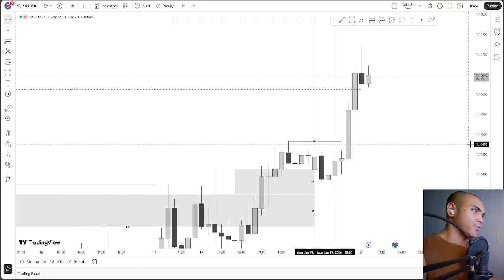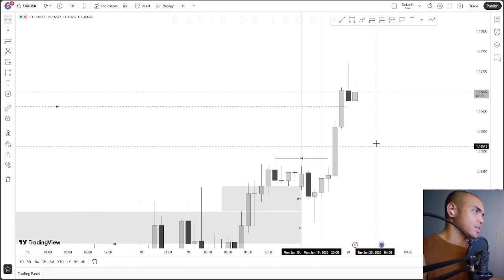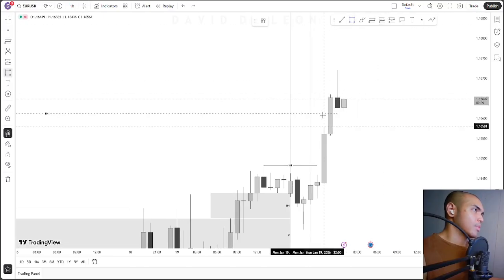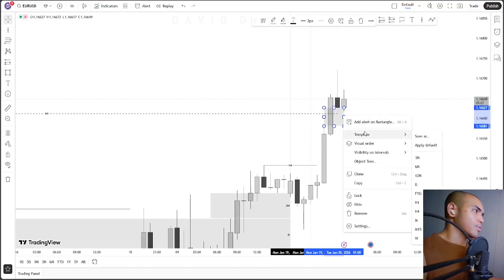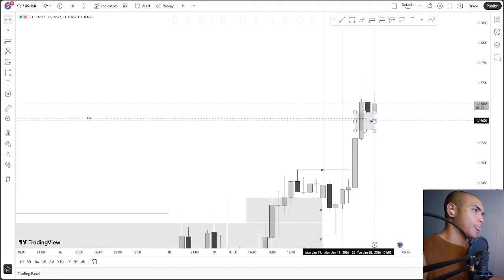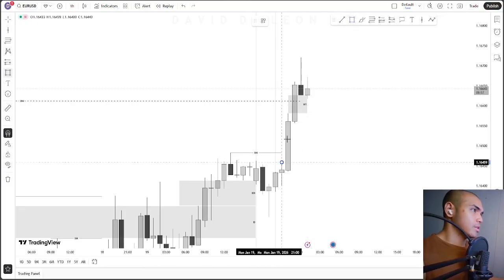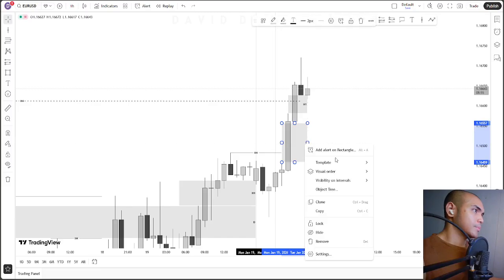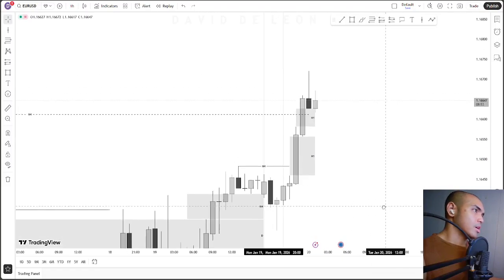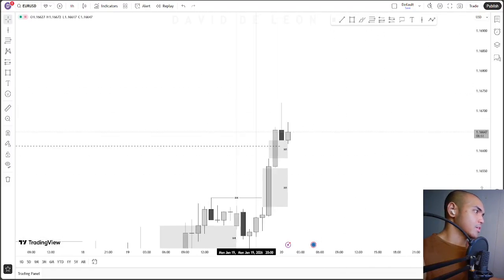And unfortunately, price already did its thing, and price is making bullish H1 FVGs here as well, but the price already did its thing.